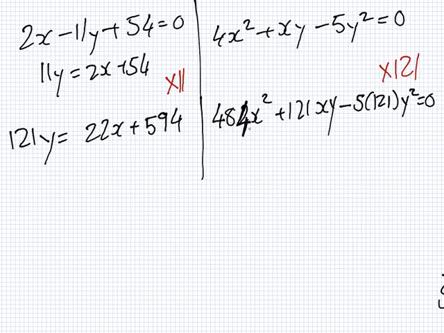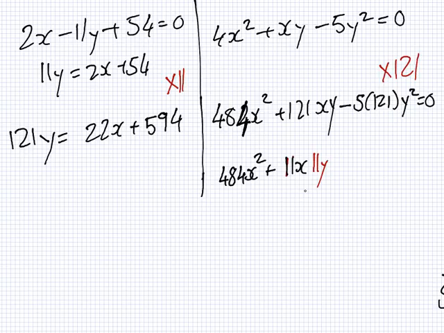Okay, now you might be thinking, this is looking kind of the same, so how is this easier? But watch this. Here you could change this into 484x squared plus x times 11y. Look!